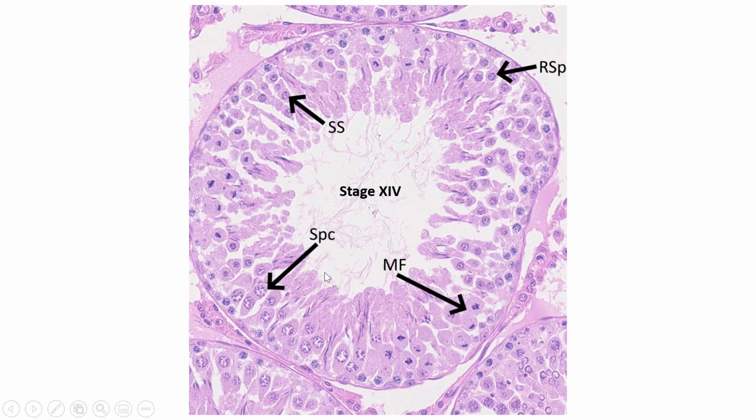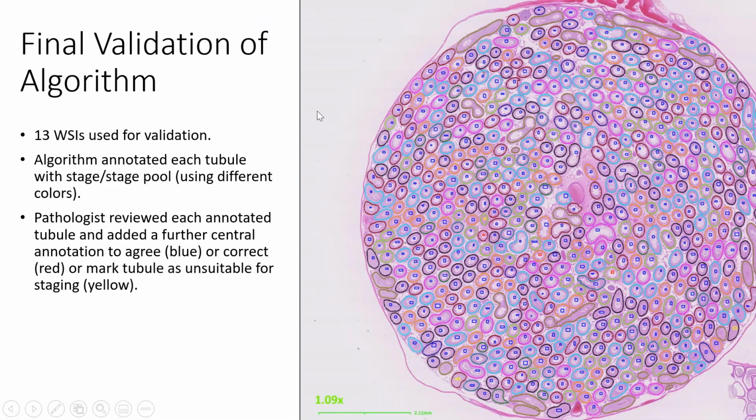So once we'd sorted out the final criteria, we started doing the validation of the algorithm. This was done on an extra 13 testes. In this case, the algorithm went through and assigned a stage to each of the tubules. And again, you can see the color here is determining what stage it was in.